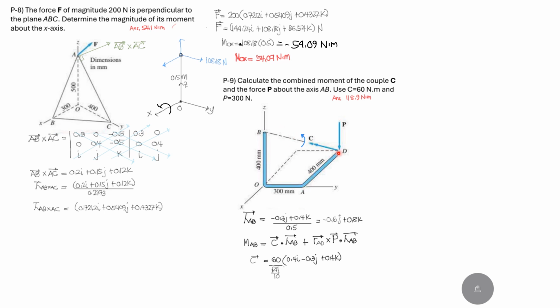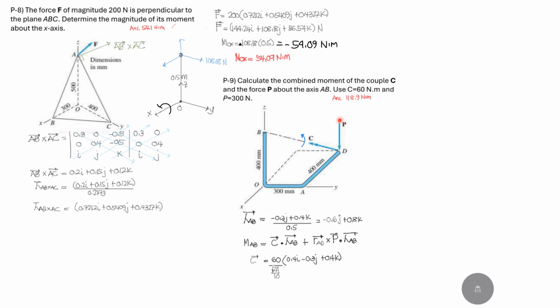The component of this couple C along axis AB is obtained by dotting the vector C with the unit vector of axis AB. So in other words, it is C dot lambda AB. That's the moment of this couple C about axis AB.